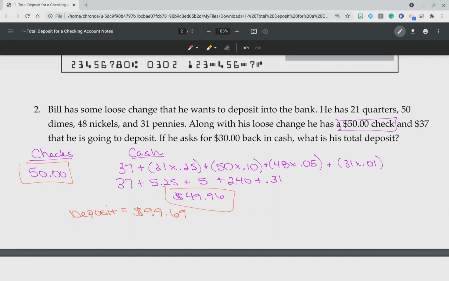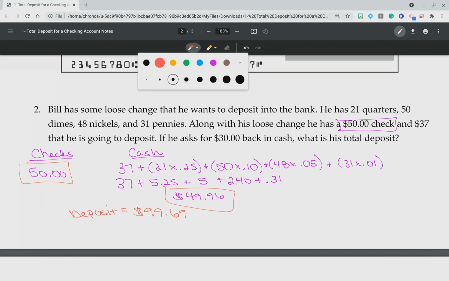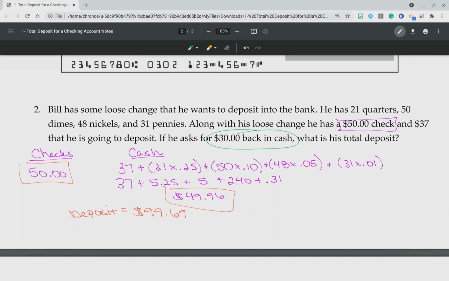All right, so they say that Bill is going to keep $30 cash back. So my now total deposit for real is going to be the $99.69 minus $30 that I'm going to keep. So my total deposit is $69.69.